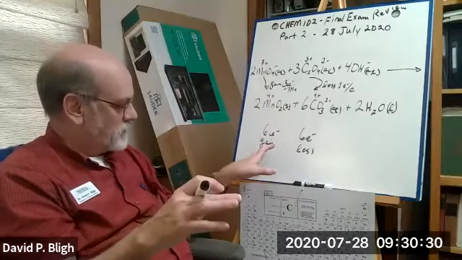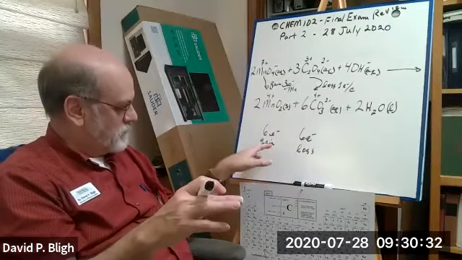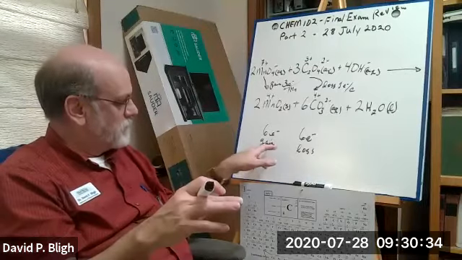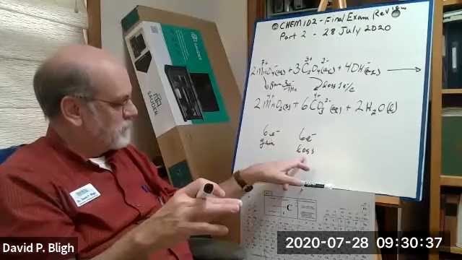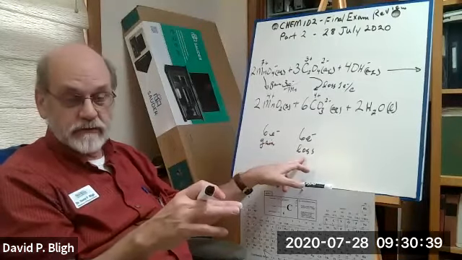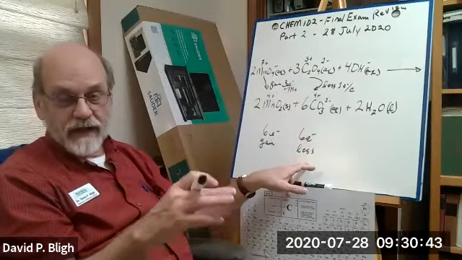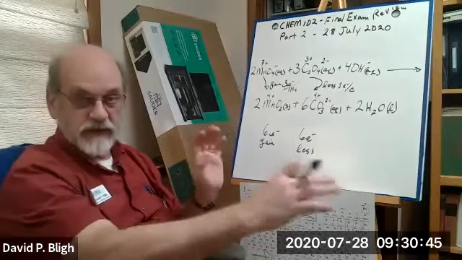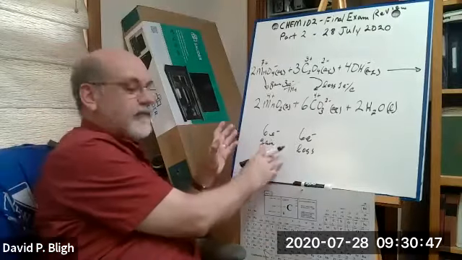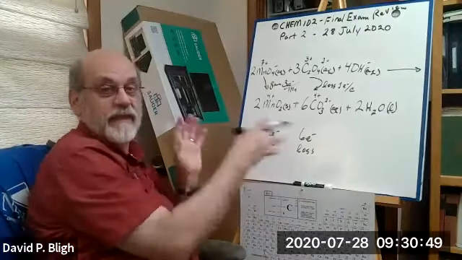The anode, the loss of electrons, this one would go in the anode with its balanced half reaction, and the half reaction for the gain would go in the cathode side.